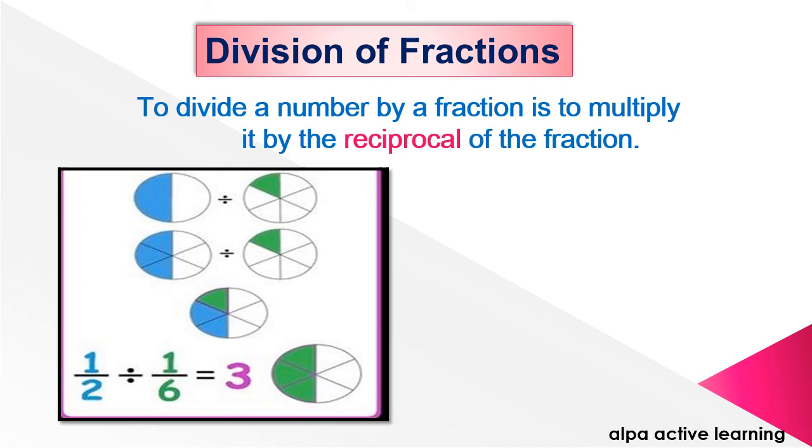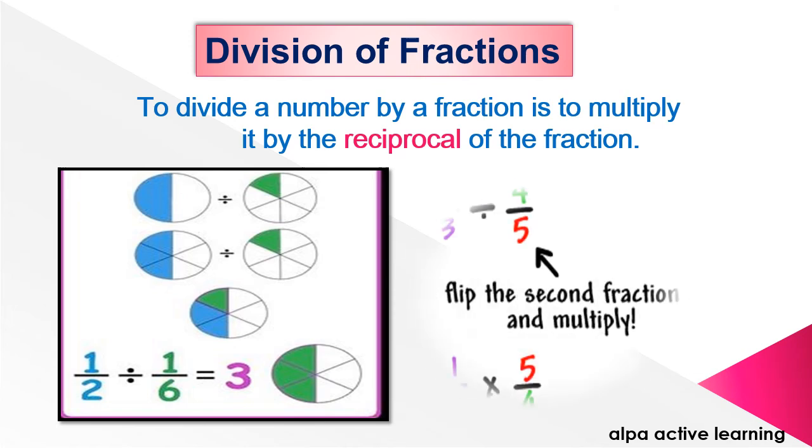Here 6 parts are there. I can see 1 part colored. So now both the denominators are same. But here numerator is 1. Here numerator is 3. That means when I take a common part, my answer will be 3. So here it will be 3. Is it clear? Okay.